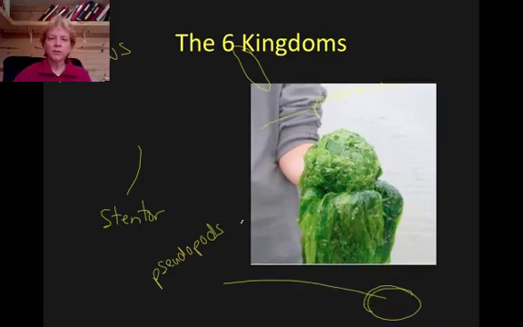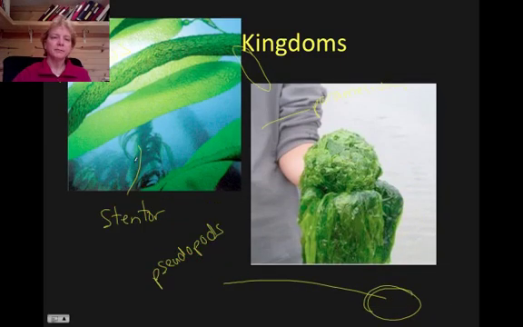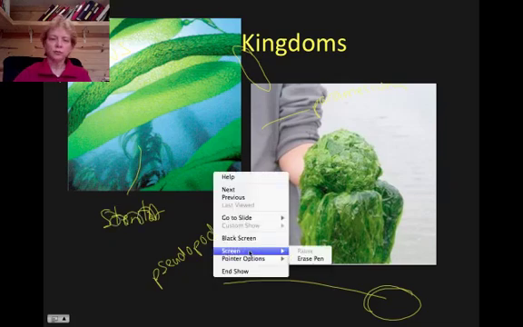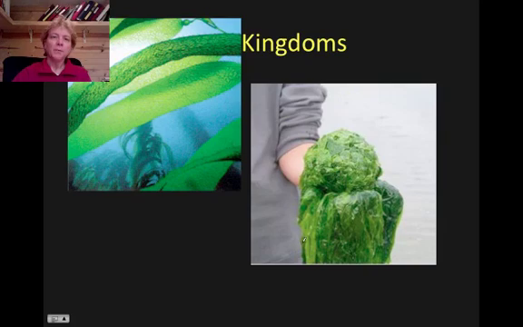In terms of plant-like, let me just erase this here. Plant-like protists include seaweed and algae. These are not plants. They don't have a complex organ system.